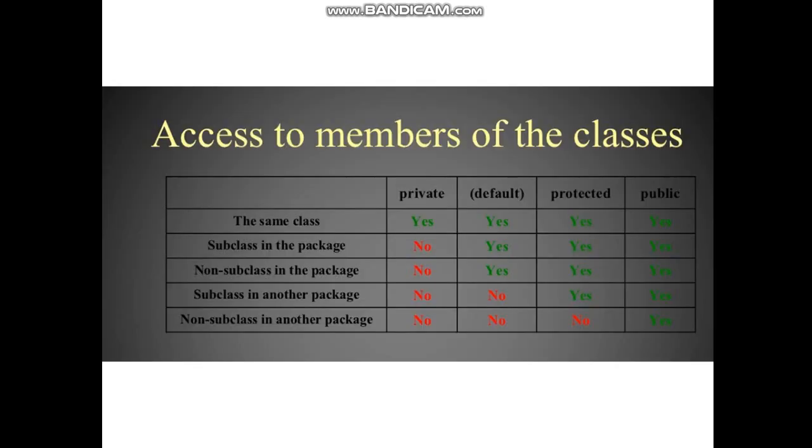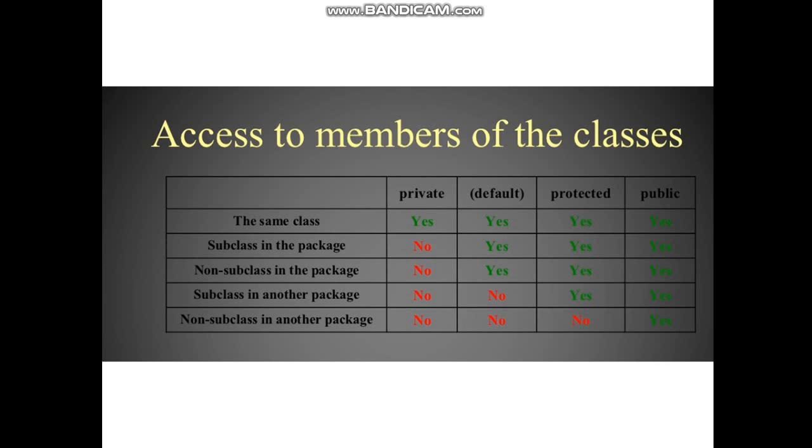Now, when you define packages, there is a particular way you can define the variables inside each of the classes. That is, you can specify the access specifiers. That is, you can define where the particular variable can be accessed, whether it is within the same class only, whether it is within the same package only, or whether it is within other packages, or within subclasses within other packages, or the same package.